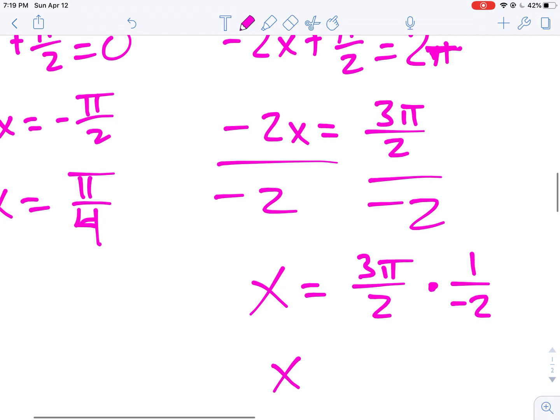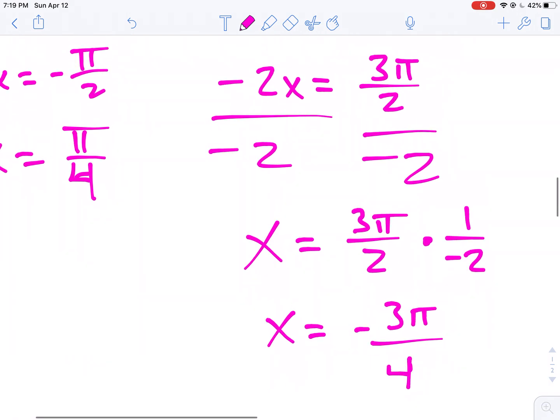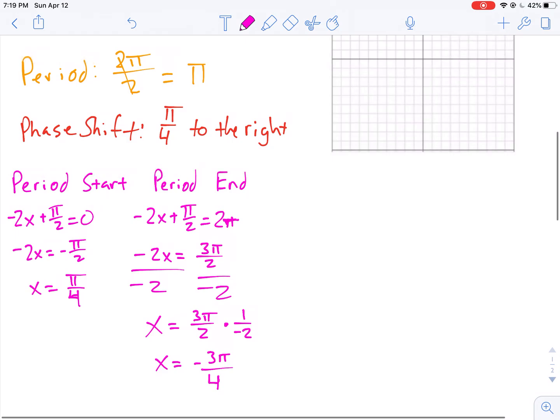So then I end up with x is equal to -3 pi over 4. And this is where it gets a little bit complicated to think about, because I'm thinking about the fact that it's starting at positive pi over 4 and ending at negative 3 pi over 4.